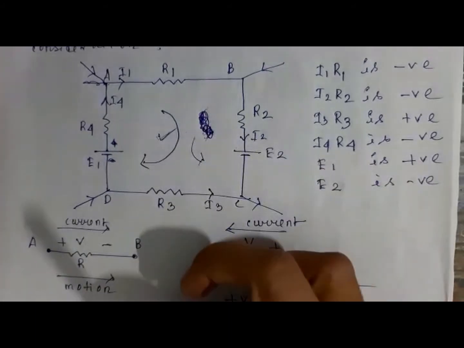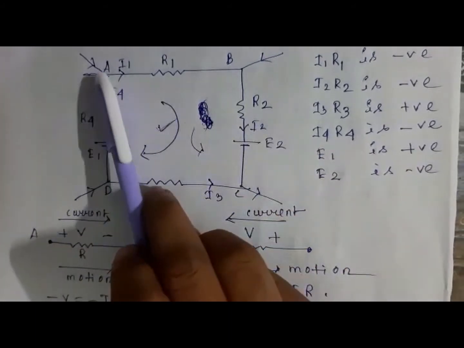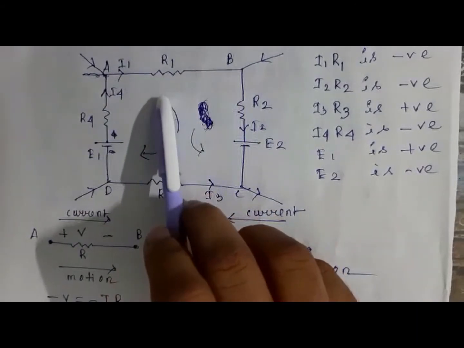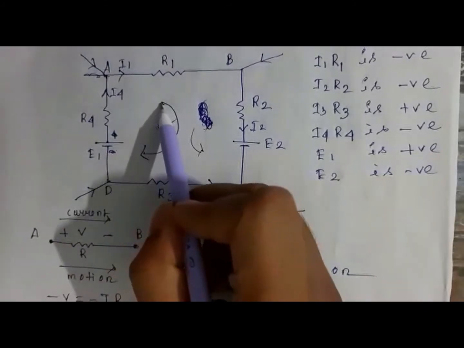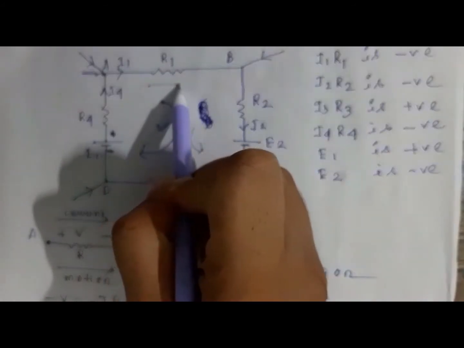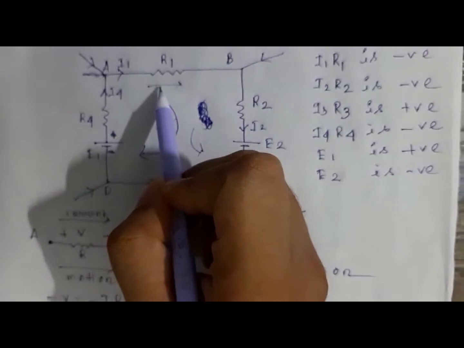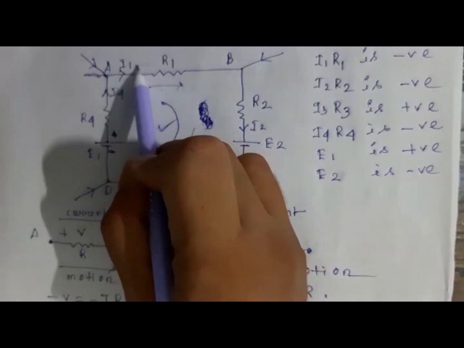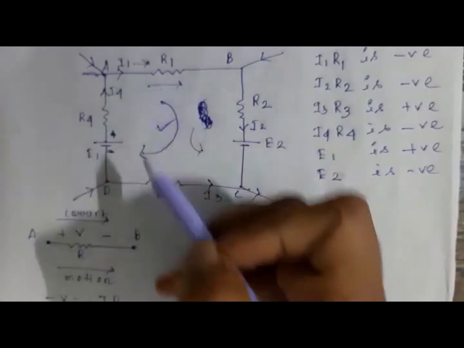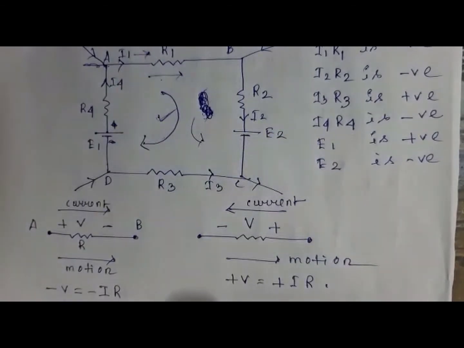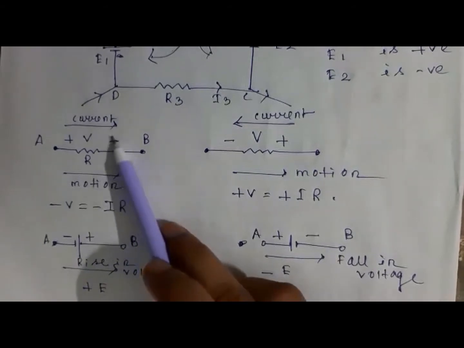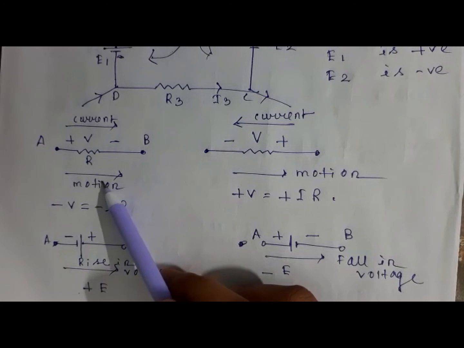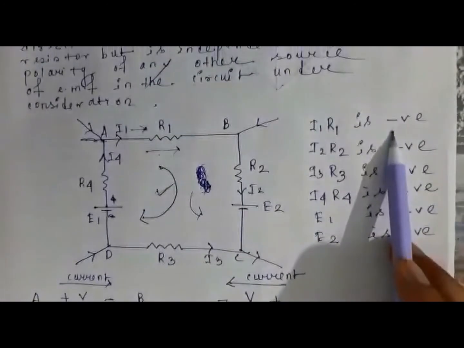So let's find out the voltage drop for this branch AB. First of all, my direction of motion is in this direction, and where is my direction of current? It's also in this direction. As we have seen before, when my direction of current and direction of motion are the same, we will take negative.